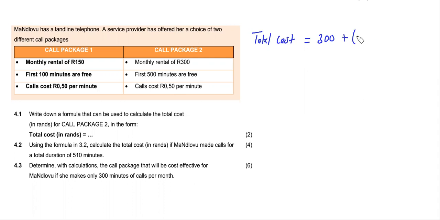So we can say total minutes used minus 500, times 0.5. So it's the total number of minutes minus 500 minutes, times 0.5, which is the cost per minute.